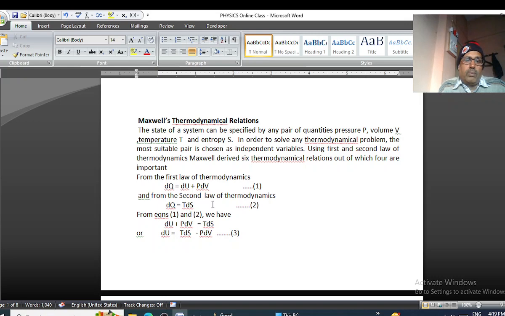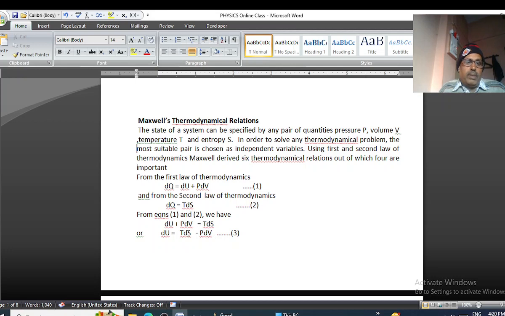Now equation 2, which is the second law of thermodynamics, dq is equal to tds. T is the absolute temperature and ds is the change in entropy. Again, dq is the heat. Now we combine equation 1 and 2, the first and second laws of thermodynamics, and we get du plus pdv is equal to tds, because the left hand side dq is the same in both.